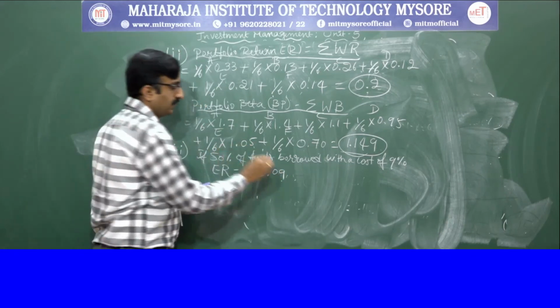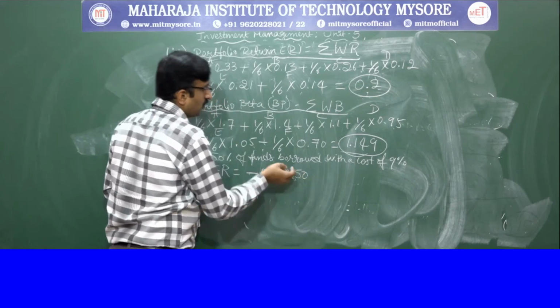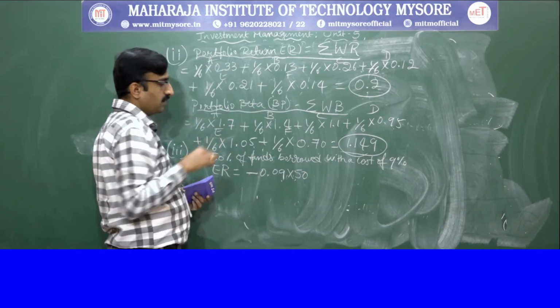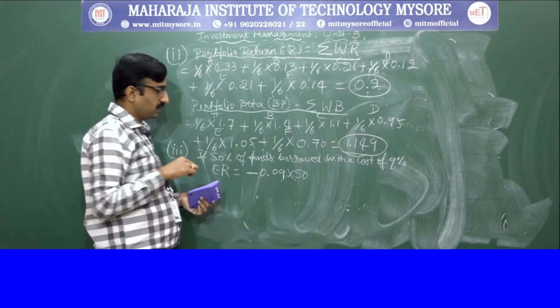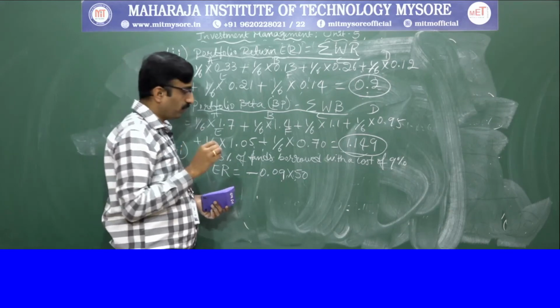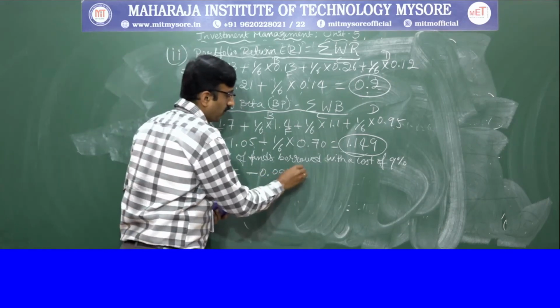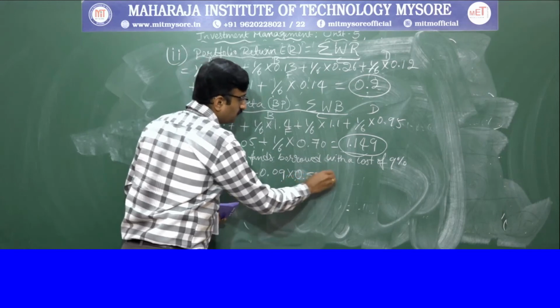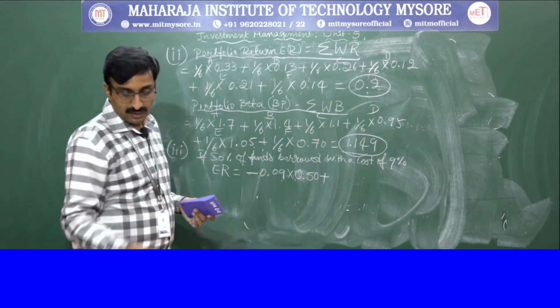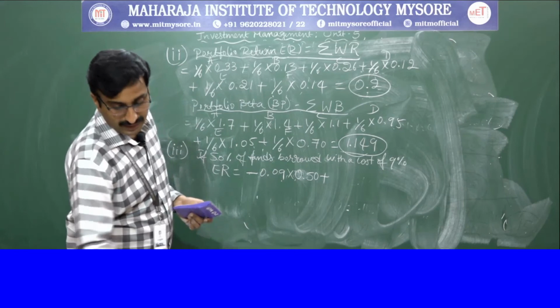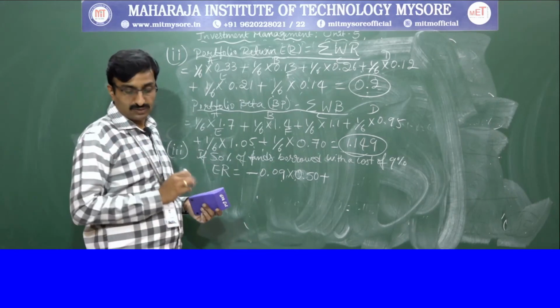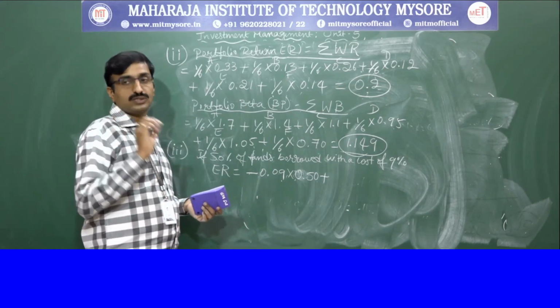And 50% of the funds will go into whatever we have, with the risk-free rate of return of 9%, so that is 0.09 into 50%, that is 0.50, plus we have the standard deviation, the expected risk of 0.20.